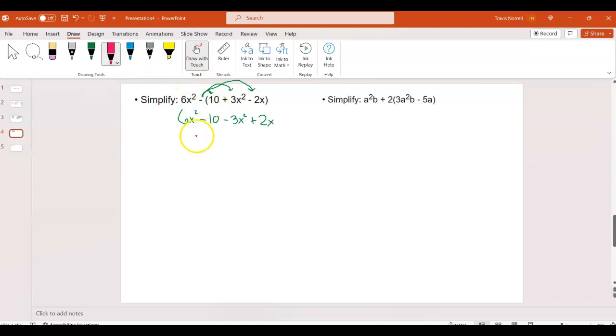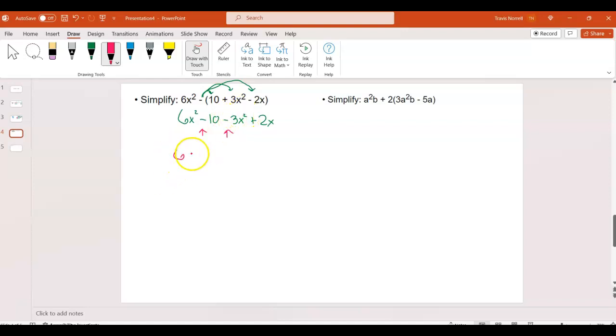Now I'm going to change each minus sign to plus the opposite. So this is minus a positive 10. I'm going to make it plus a negative 10. Minus a positive 3x squared. I'm going to make it plus a negative 3x squared.